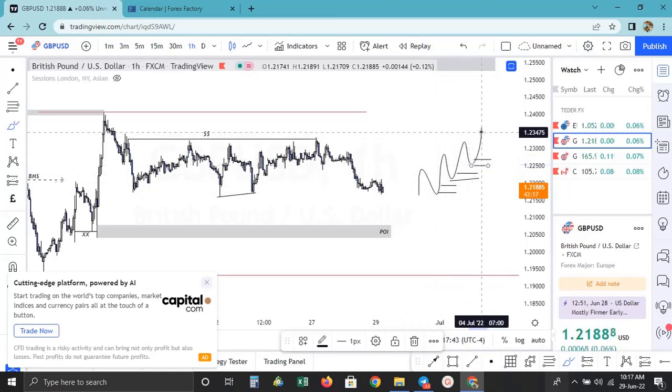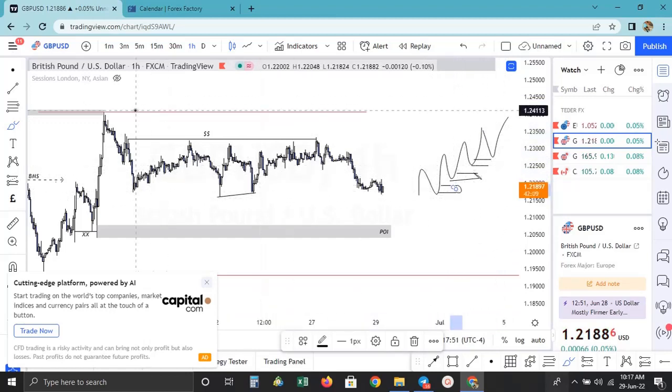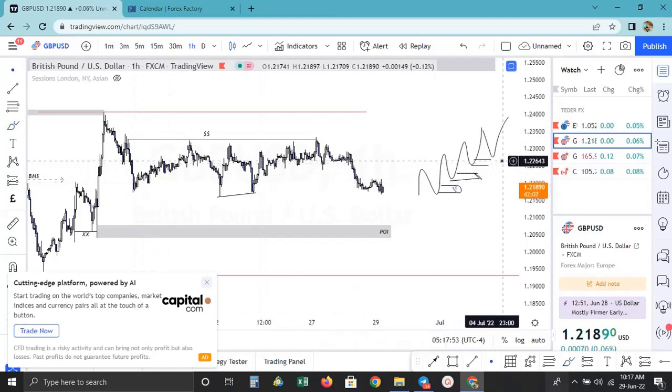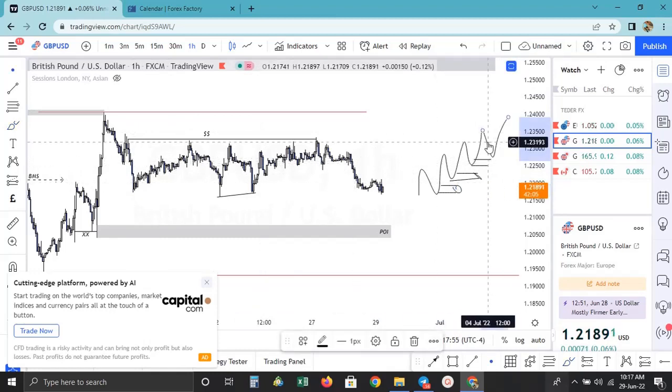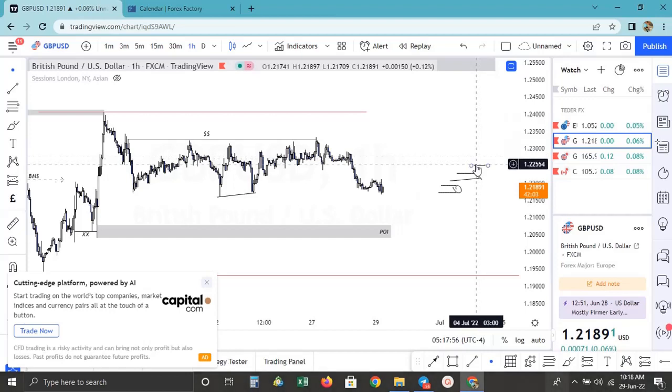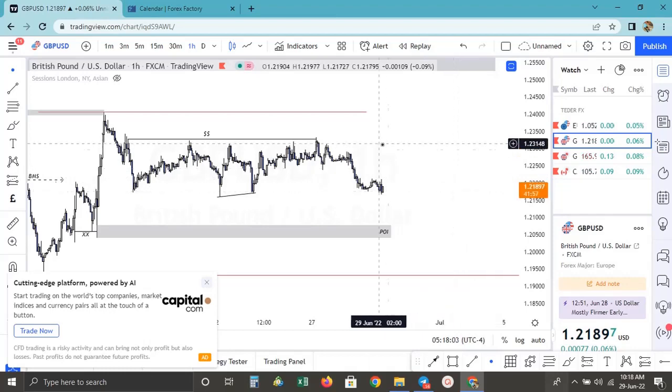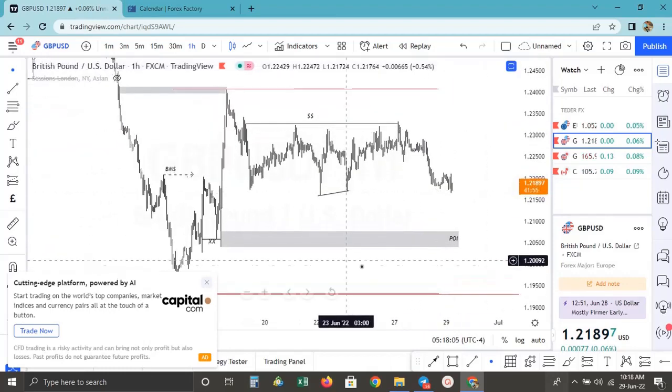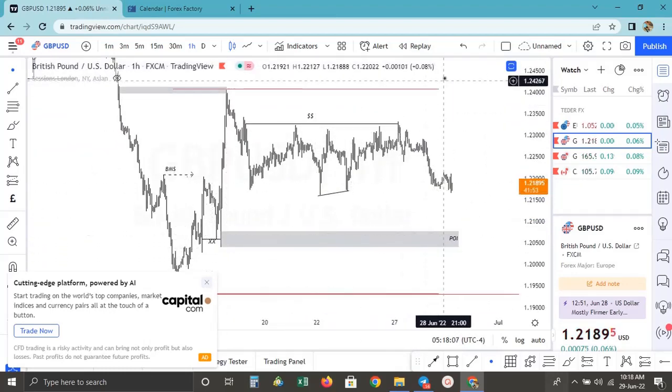This is the only area where I look out for buys. So I don't do a buy to sell in the market. There are people that do it, but for me, I don't do that. I pay more attention to the overall bias of the market.